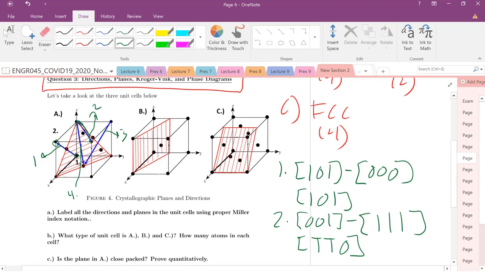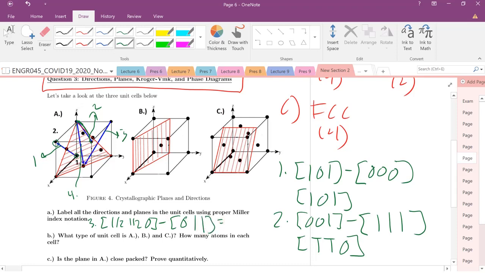Let's look at 3. So let's put it over here. So 3, I am ending at this location here, and that is basically 1 half, 1 half, 0, minus my starting point, which is going to be, again, 0, 1, 1.